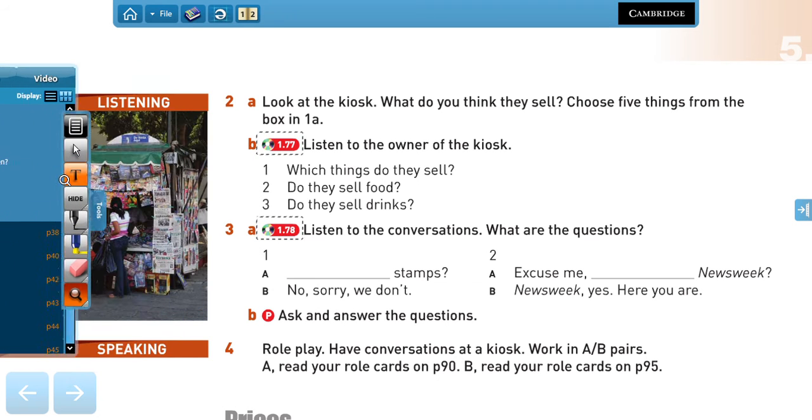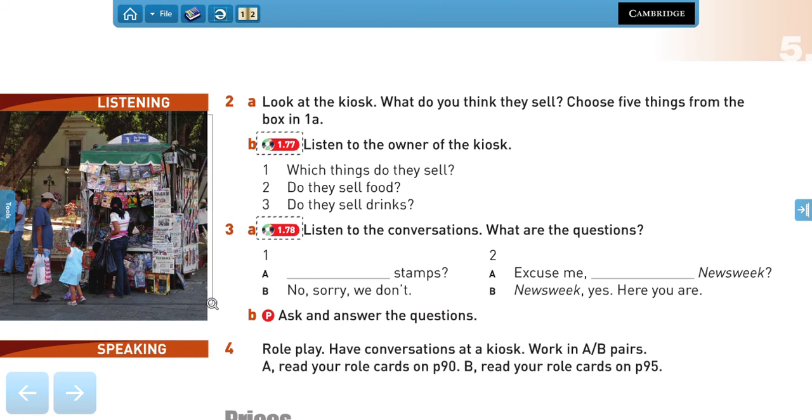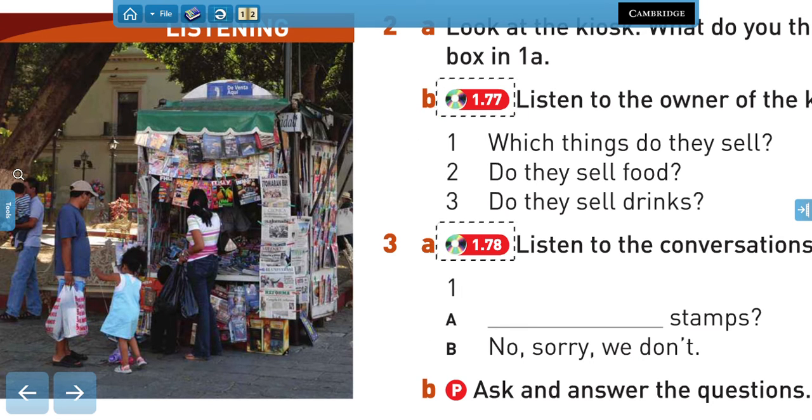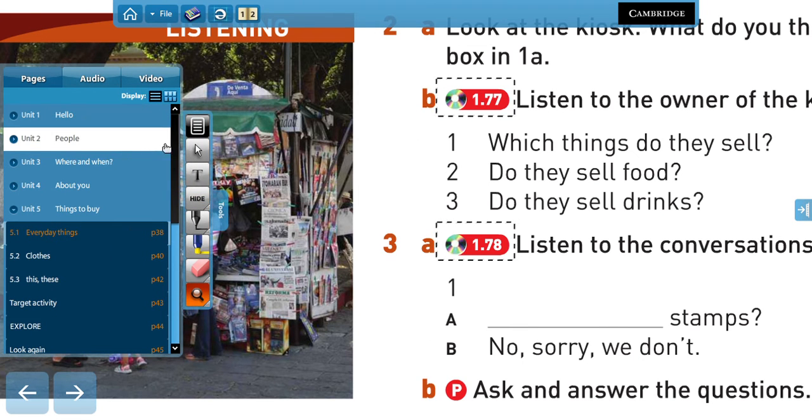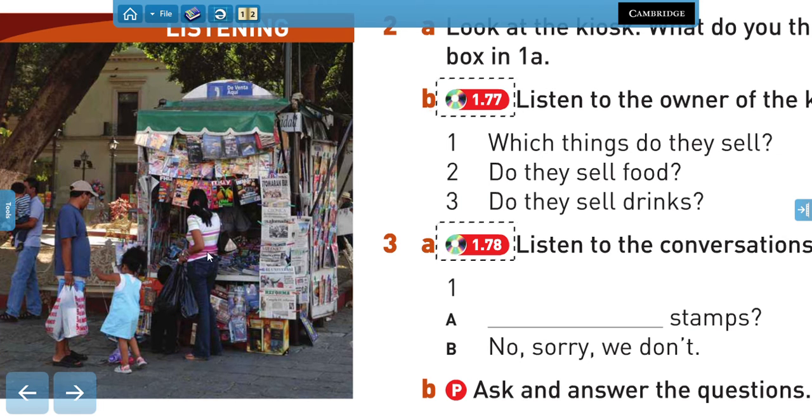A small shop in the street. Maybe try to look. What do you think they sell? What can you see here? We have newspapers, right? What else? Try to think of 5 things they could sell. Maybe newspapers, magazines, maybe pens.